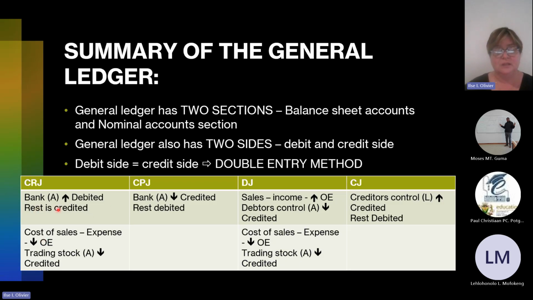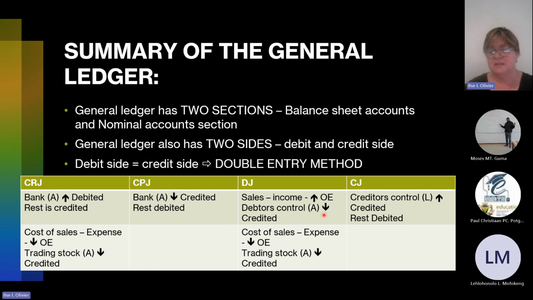CRJ: bank is debited, the rest is credited except for cost of sales. That's the expense that decreases your owner's equity and it will be debited in trading stock, then credited in trading stock. In CPJ, bank is an asset that decreases, so it's credited and the rest will be debited. DJ: sales is an income that increases your owner's equity, so it is debited.